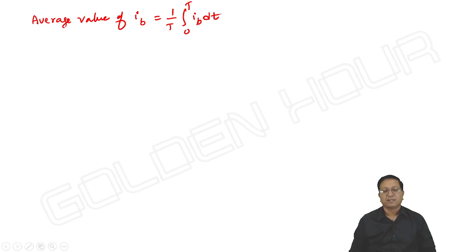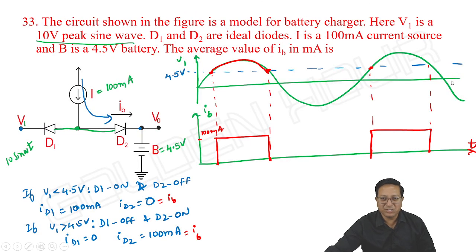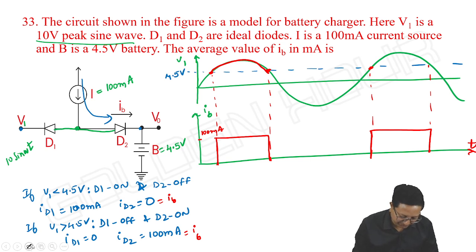Okay, we know that. Then what about the time period? And how do we define IB? We have seen the waveform, but remaining things, how to take the time period and all. As it is mentioned as sine wave, what I am doing is taking some instances.